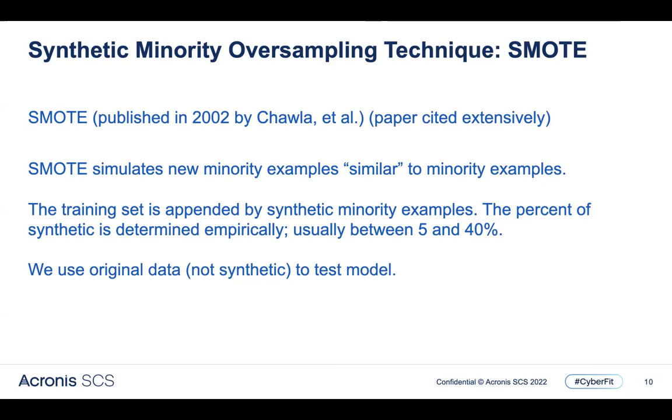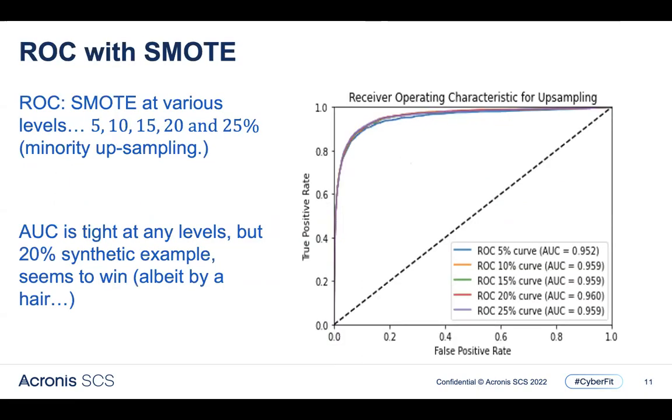And we use original data to test the model. So we don't like to test it against the simulated positives because we might not get what we really need. And in fact, we have simulated it at levels 5, 10, 15, 20, and 25%. We notice there's no need to go beyond 25%.